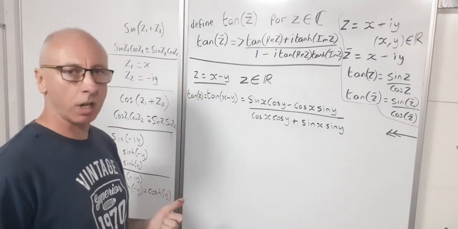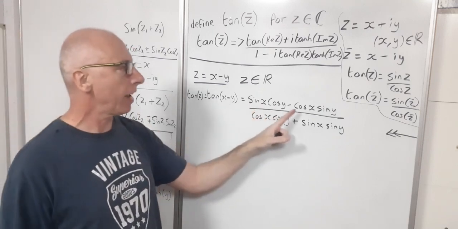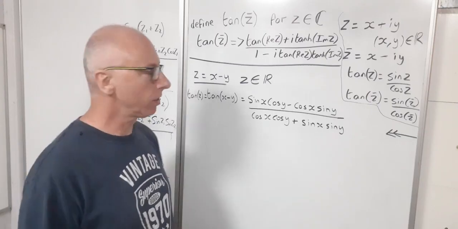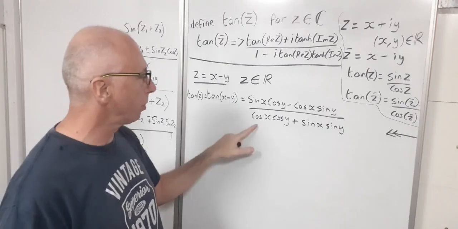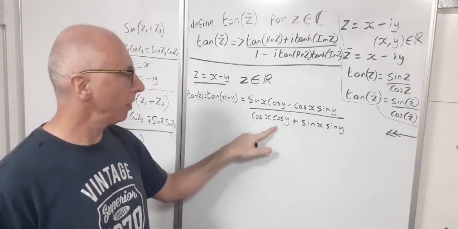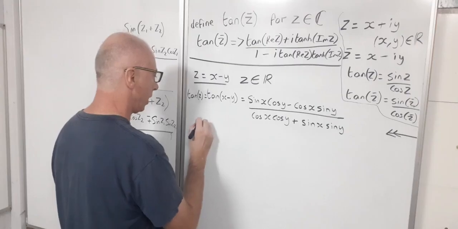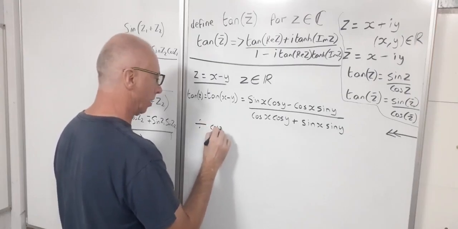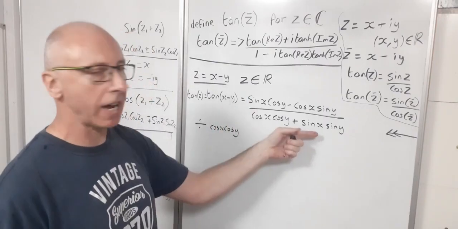So sine of x cosine y minus cosine x sine y, using the sum rules from real analysis, over cosine x cosine y plus sine x sine y. So what can we do here? Now remember last time I divided through by the term on the bottom left of our denominator. So we do the same again. Divide every term by cosine x cosine y, and that's legitimate.